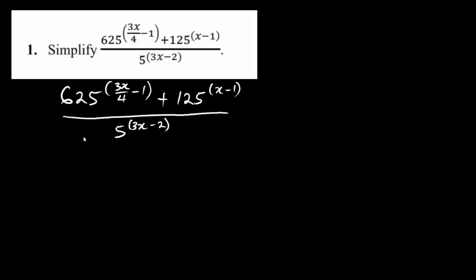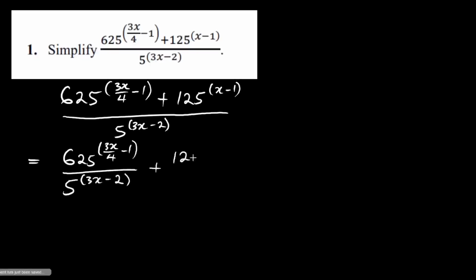So that is going to be 625 to power 3x over 4 minus 1 all over 5 to power 3x minus 2 plus 125 power x minus 1 all over 5 power 3x minus 2.